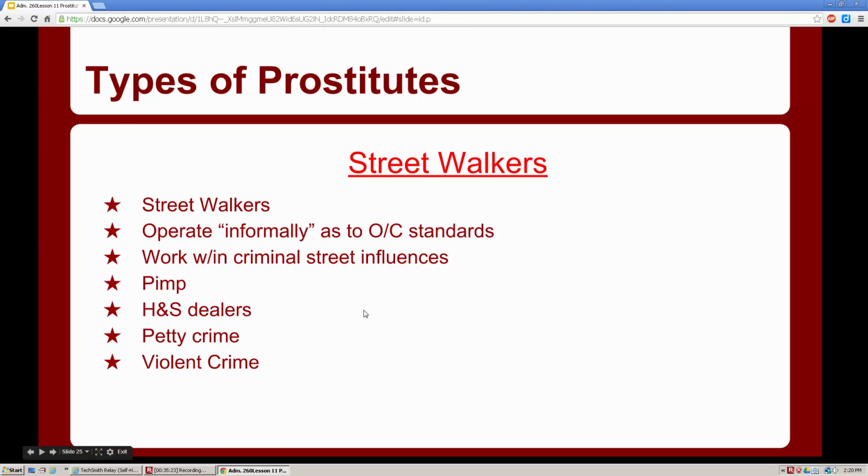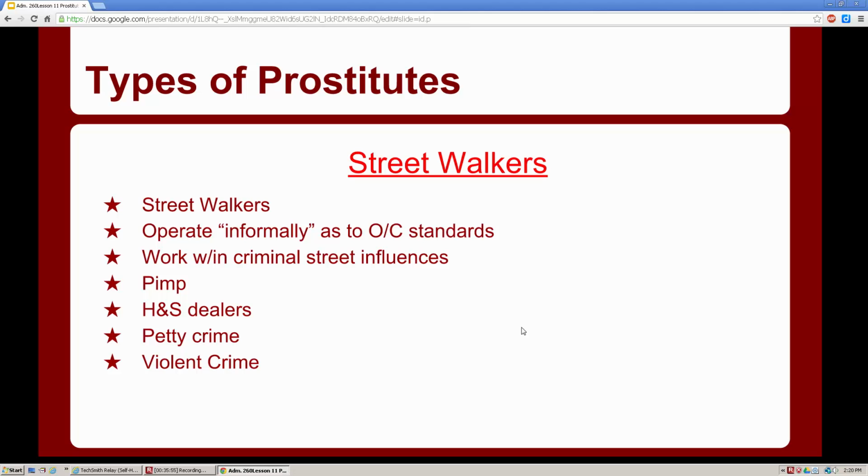Both the women and the people they associate with are involved in petty or even serious crimes like violent crime, robbery, assault. So it's a pretty rugged, pretty dangerous position to be a streetwalker. It's not nice. It's not beautiful. It's very brutal and abusive work to be engaged in.